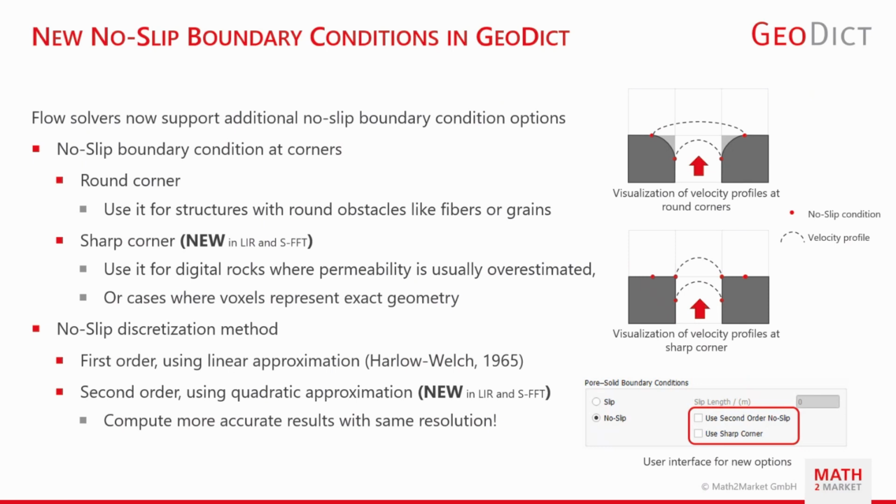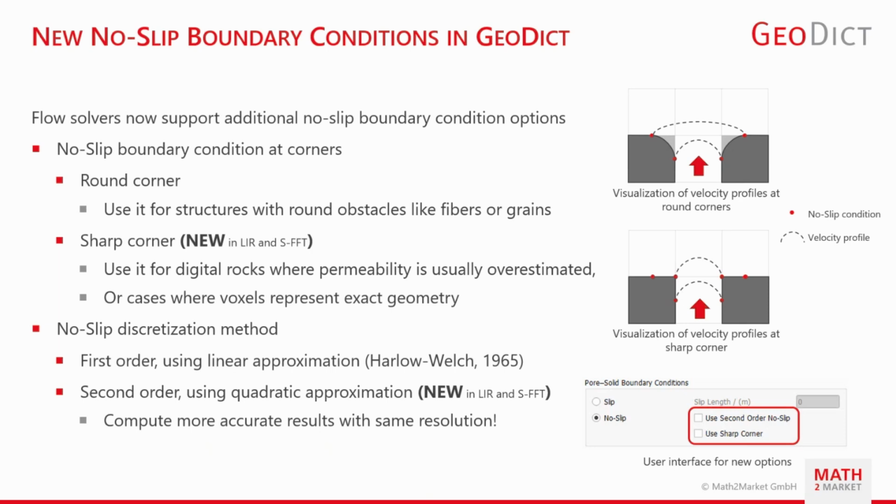And the first one is round corner and sharp corner. So you can choose between the two. Round corner is what the solver by default already used in past GeoDict versions. So here you see the slit again, but the slit ends, and here you have a corner.